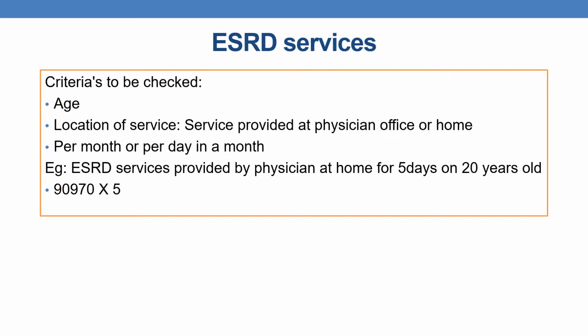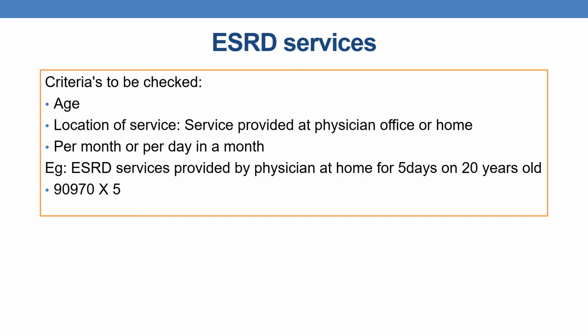Now coming to other ESRD services. What is the criteria before selecting a code? For ESRD services, that is end-stage renal disease services, the first criterion is age. The codes are based on age. Second criterion is location of the service, whether the service is provided at the physician office or home.